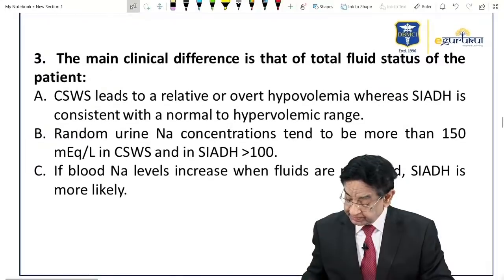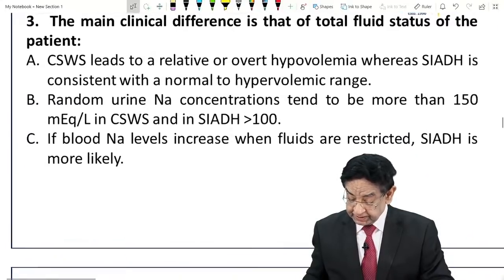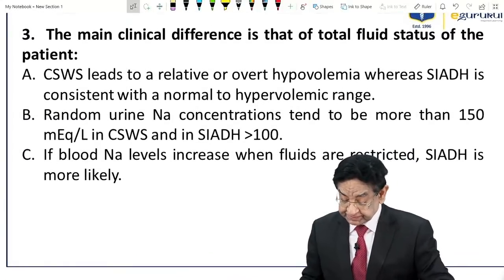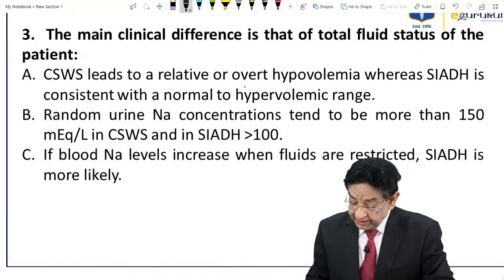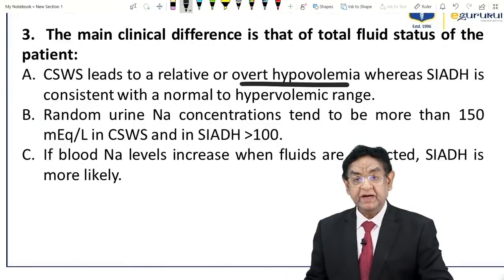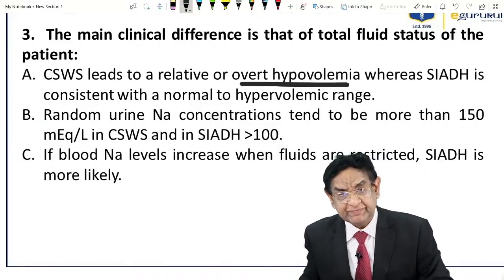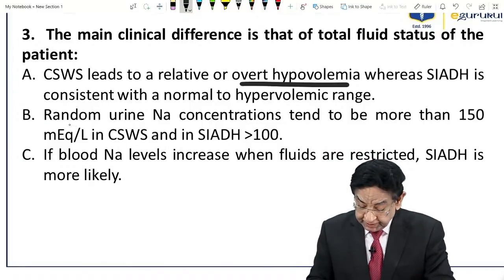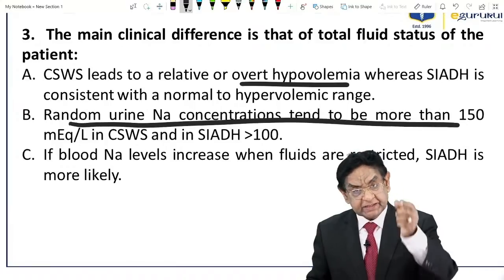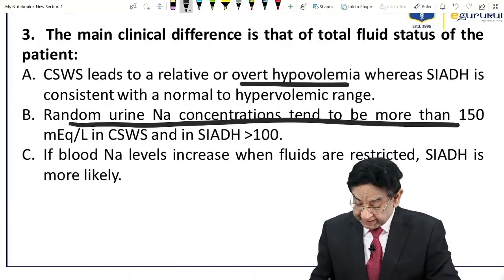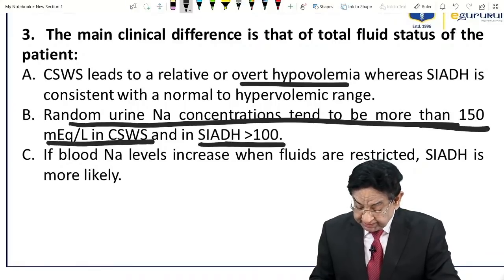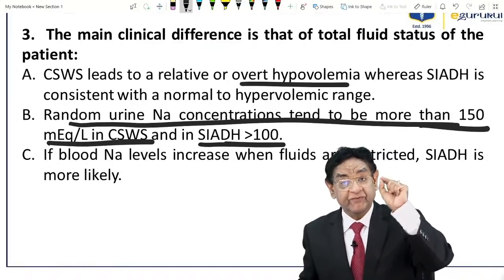So the difference is that we get, and of course other parameters we can talk about. Urine sodium is increased in both conditions, but in SIADH it is more than 100, and in cerebral salt wasting it is more than 150.